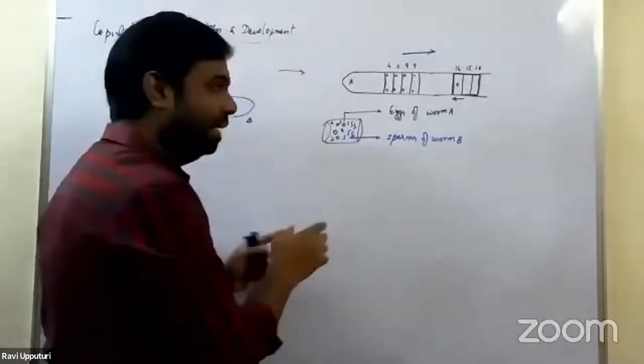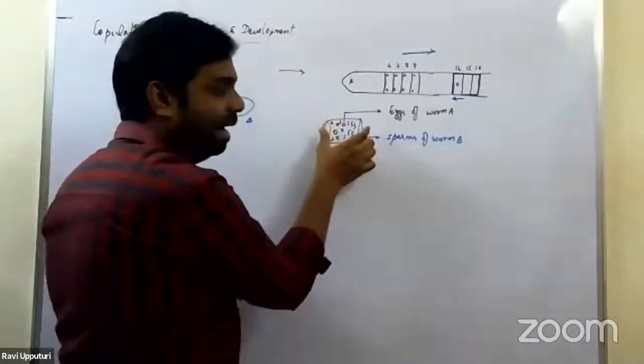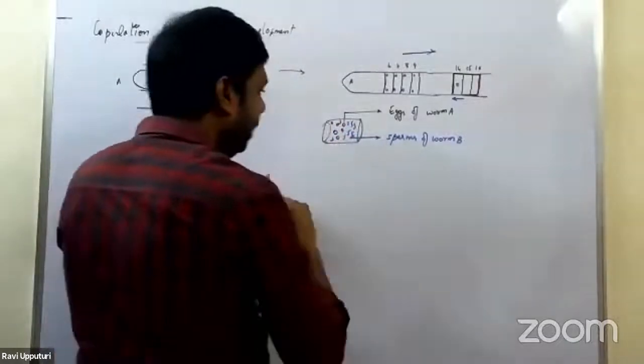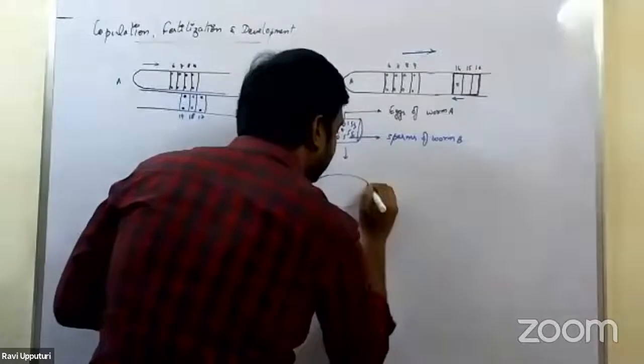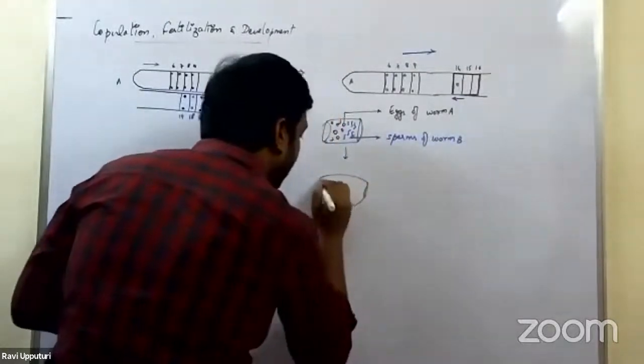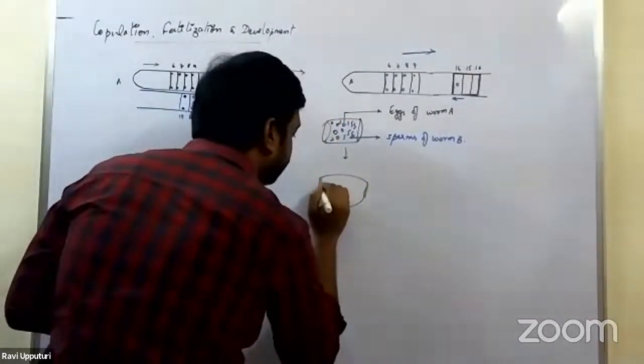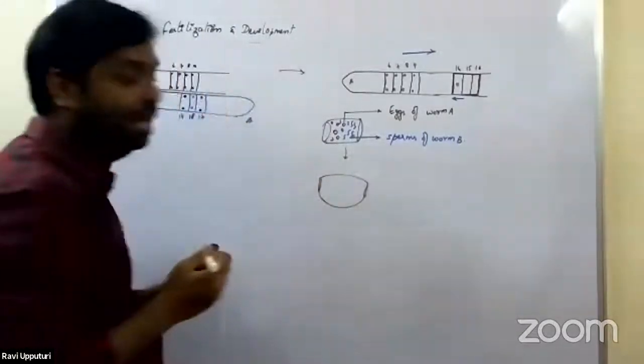Before that, this entire clitellum will start changing its shape. It will become harder, thicker, and the ends would be sealed up.